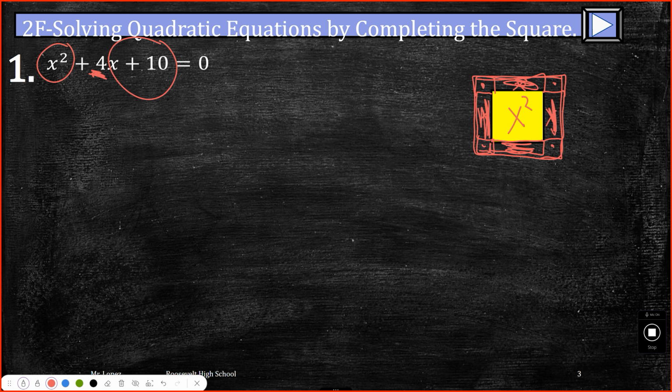I got a problem. So what I'm going to do is this. Watch. I just want to complete the square, and I only need 4 little tiny ones. So I'm going to subtract 6 of these little tiny ones that I have here. They're extra. I'm going to move them to the other side, because what I really need is only 4 little tiny squares.